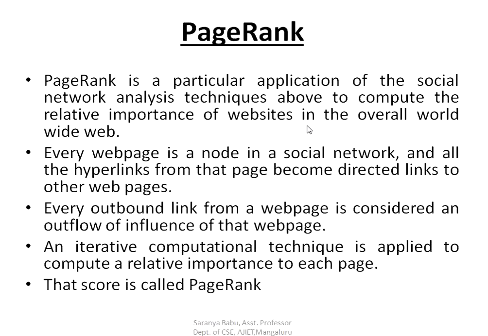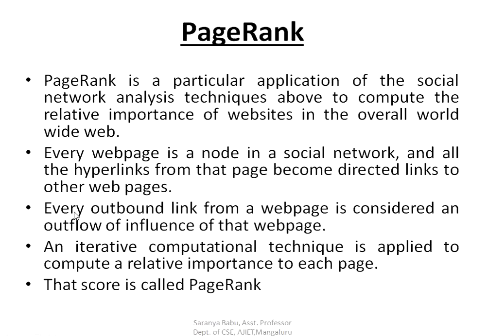So when you give a search, how the pages are listed is based on the ranks. They are used to compute the relative importance of websites in the overall World Wide Web. Every web page is a node in a social network, and all the hyperlinks from that page become directed links to other web pages.